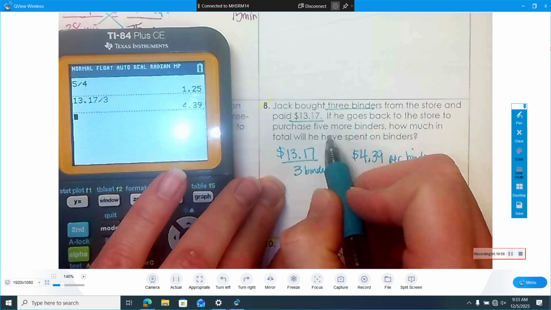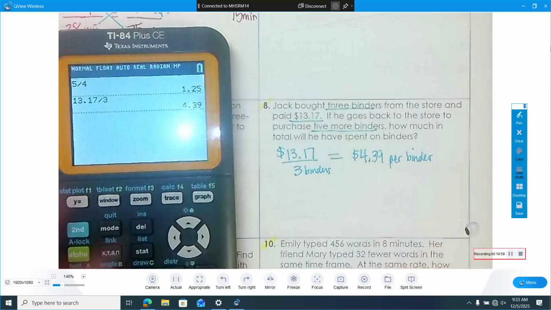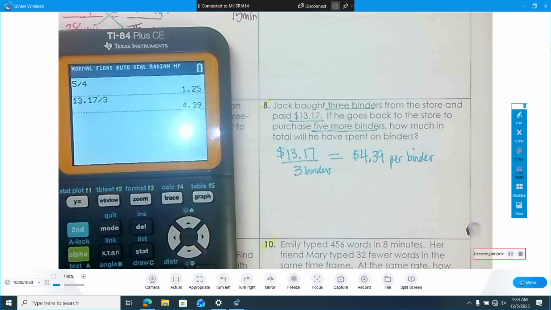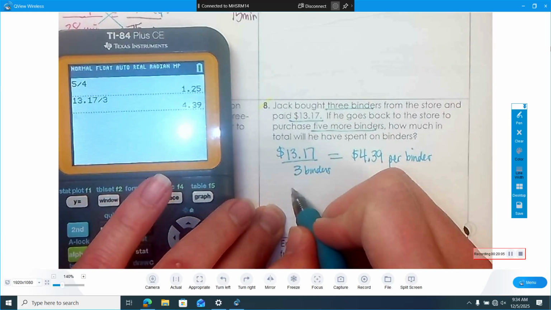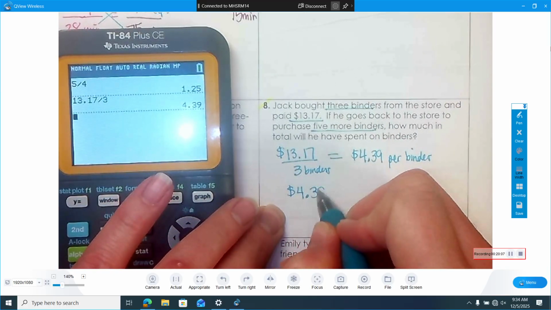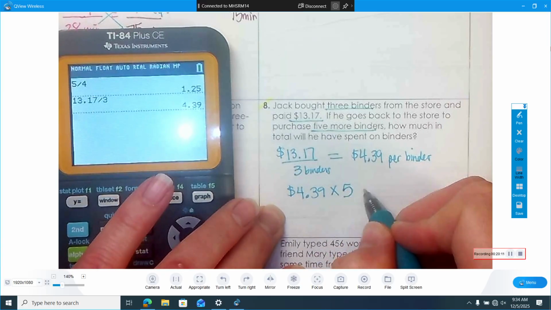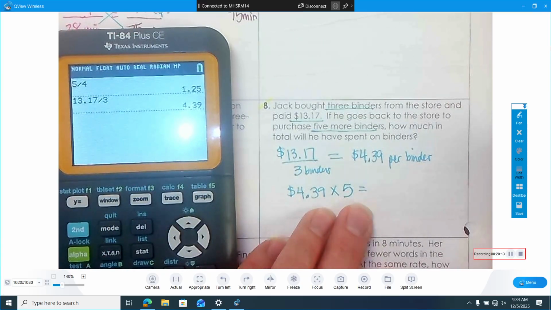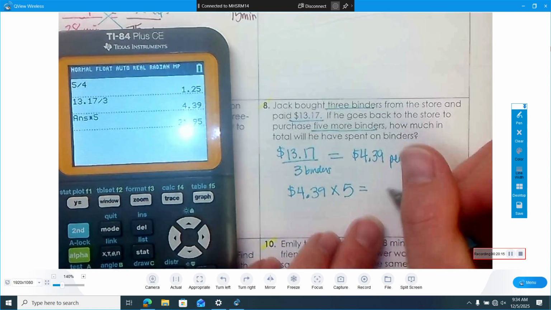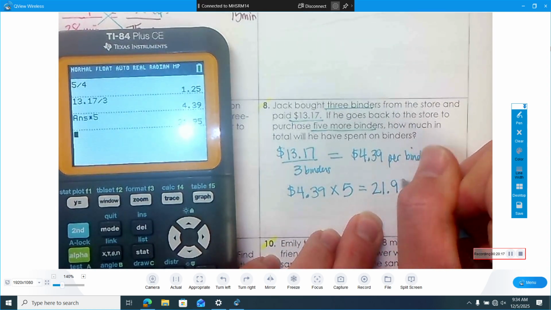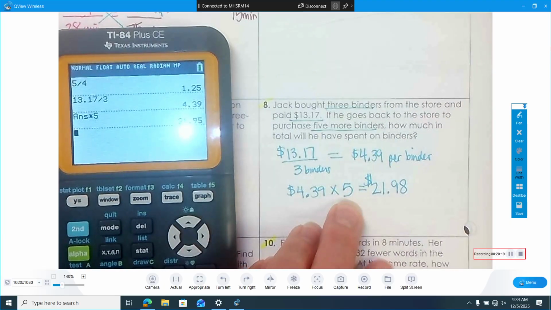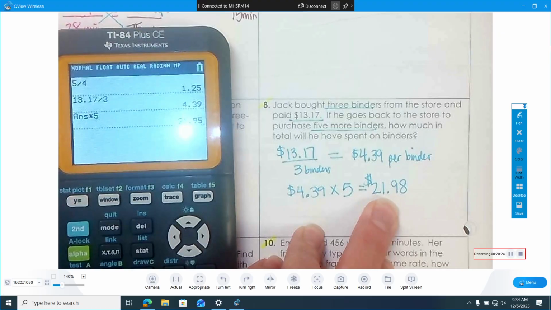Now he goes back to the store to purchase 5 more binders. Well, can I figure out how much that's going to cost him? Yeah, $4.39 times 5 binders, and that will give me $21.95. So he went and got 5 more binders. He spent $21.95 this time.